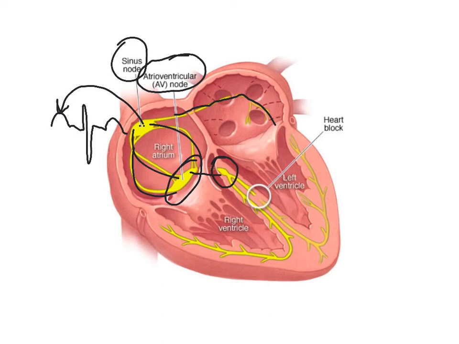I don't know why that's what they call it, but it's the start of the ventricles contracting. And what happens is it sends the electrical signal down into the right side of the heart, down into the left side of the heart, and then the heart squeezes and the electrical activity leaves.